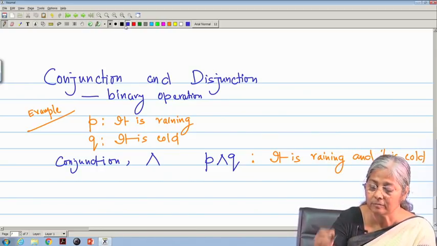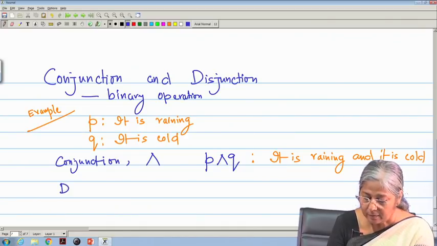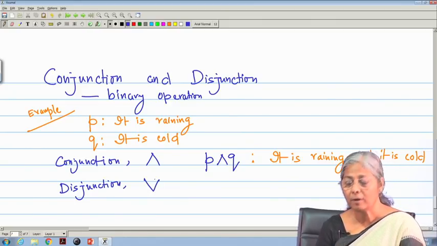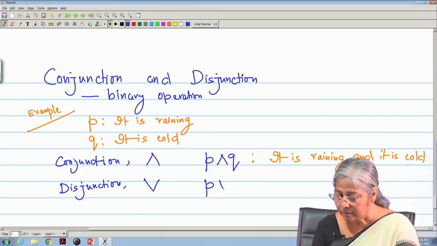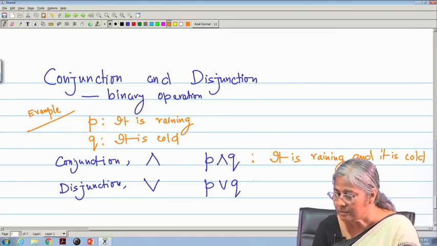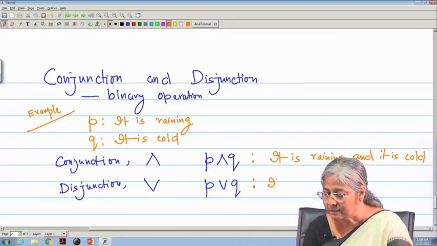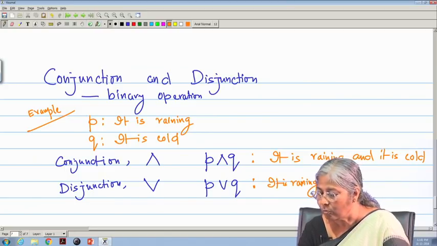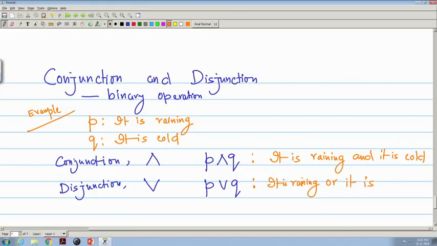What is disjunction? We denote it by a symbol, normally called or: P or Q, which means it is raining or it is cold.